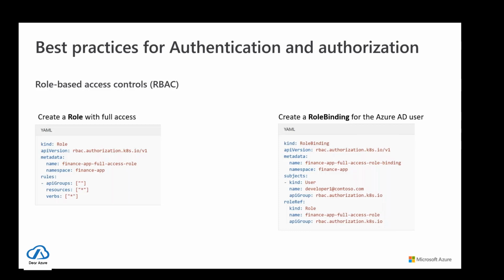So as an example, on the left-hand side, you see the YAML script to create a role that grants full access to resources in a namespace called finance-app.